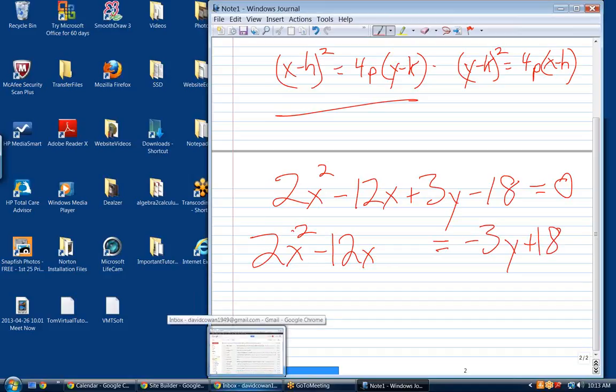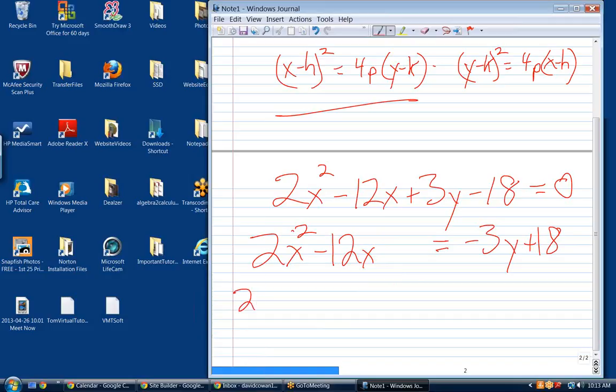And then for 2x squared minus 12x, let's divide out 2 from that, and then we get x squared minus 6x, and then I guess you could get x minus 3 again, so you add 9 to one side and subtract 9 from the other.